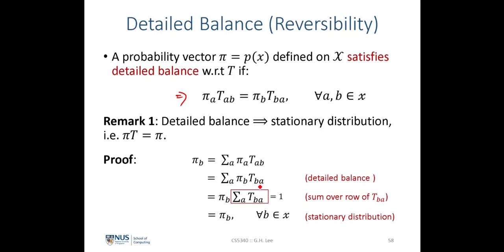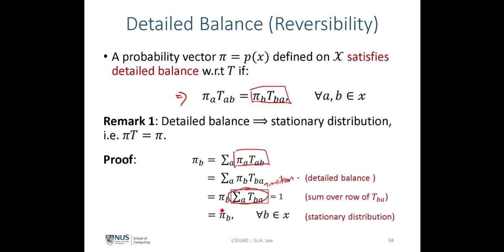In this case, the sum can be pushed into the product terms, where we simply replace this term by the right hand side of the detailed balance equation, and then we can push the summation inside. Since the sum over all the rows of the transition matrix is equal to 1, we end up getting pi of b, where this term is simply our transition matrix.